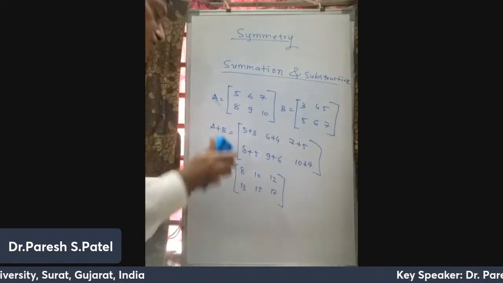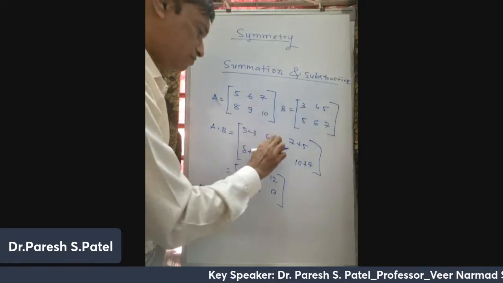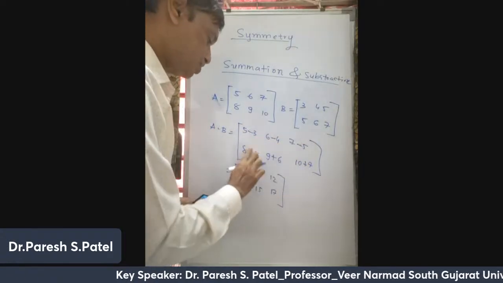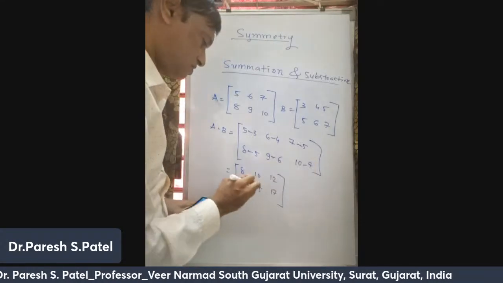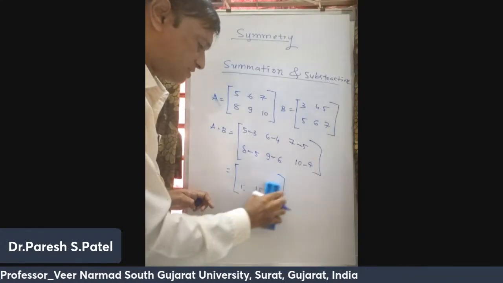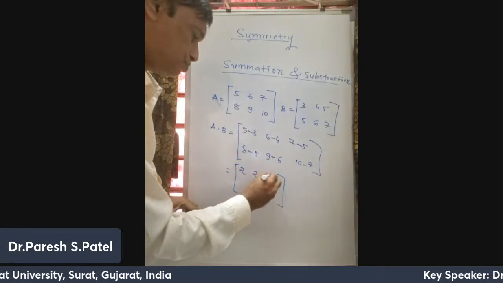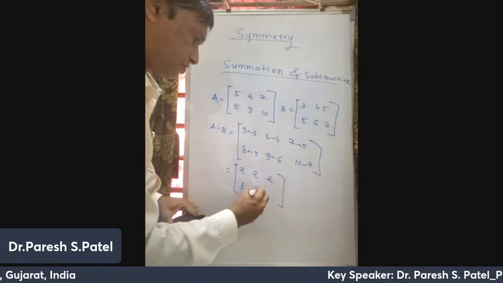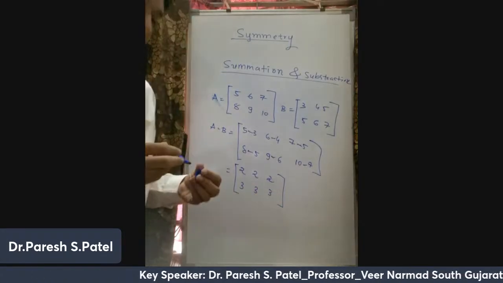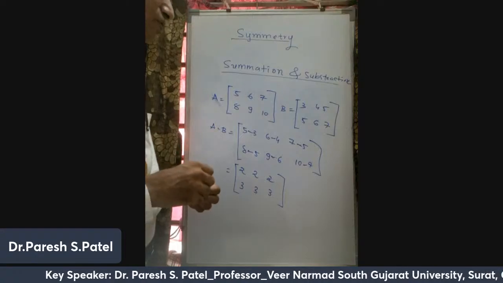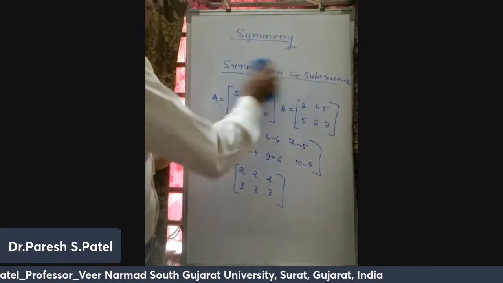If you go for A minus B, then the resultant matrix can be represented as 2, 2, 2, 3, 3, and 3. So anyhow, subtraction can be possible if the dimensions of both these matrices, or the numbers of rows and numbers of columns, are the same.